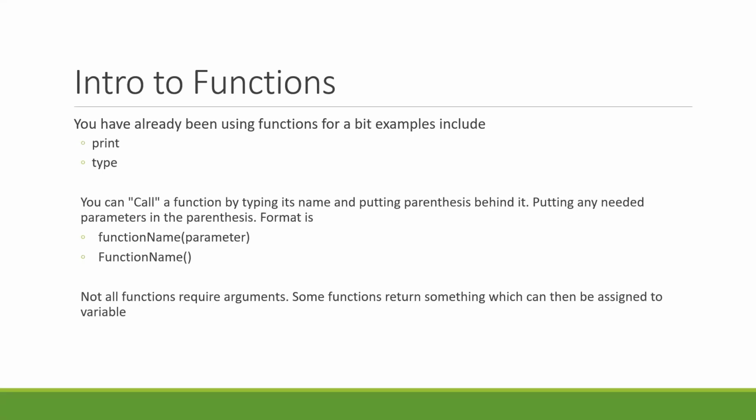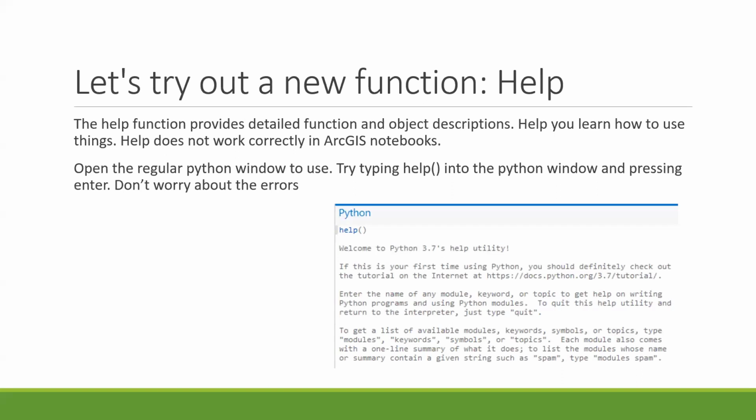But I think at one point we'll be creating our own functions instead of just using canned ones. But right now we're going to dive into some more functions that are beyond just a simple type and print. We're going to do the amazing help function.